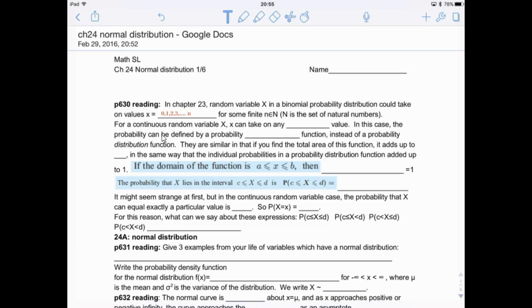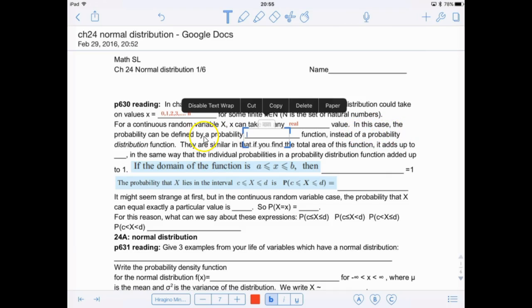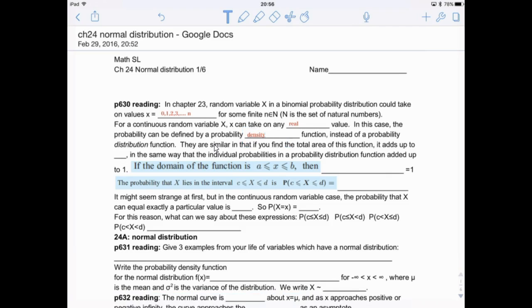For a continuous random variable x, x can take on any real value. In this case, the probability can be defined by a probability density function instead of a probability distribution function.